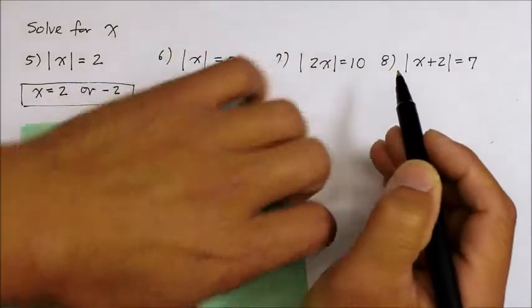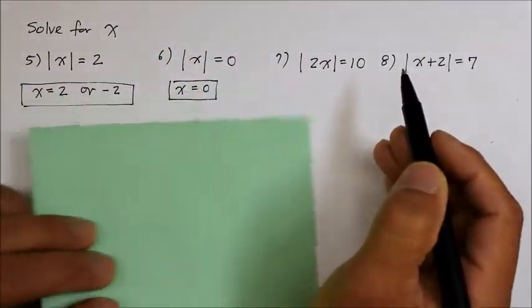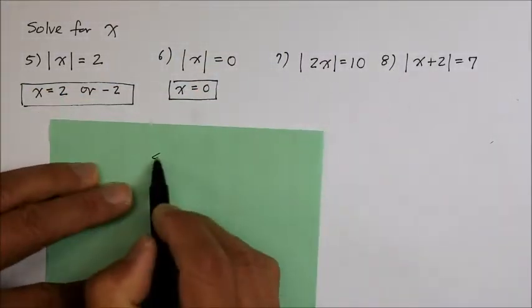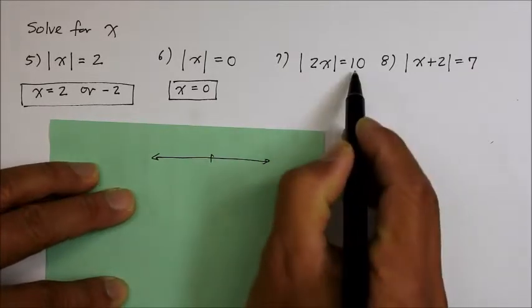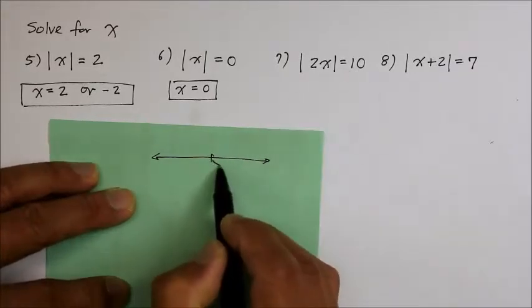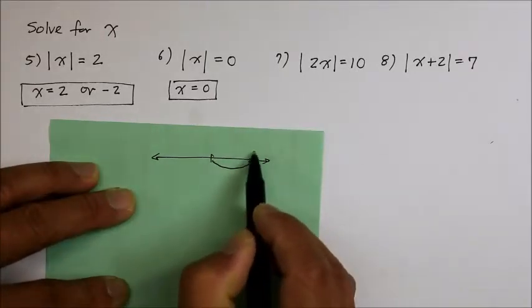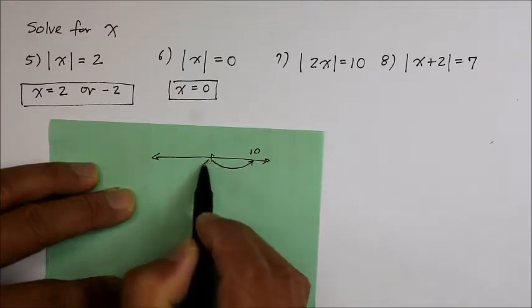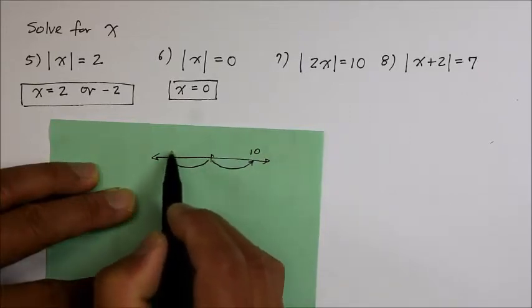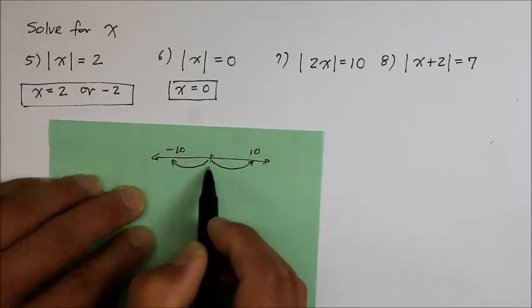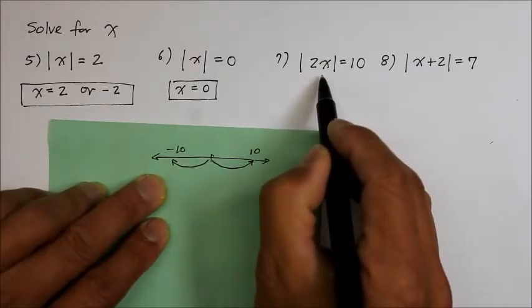So let's turn this around. The question is, where will you be on the number line if you went 10 units this way, and you know that'll be 10, or 10 units that way? Then you know that'll be negative 10. But then what on earth is this?